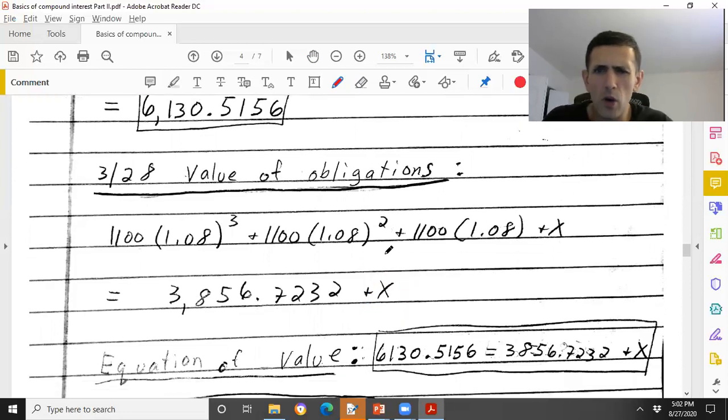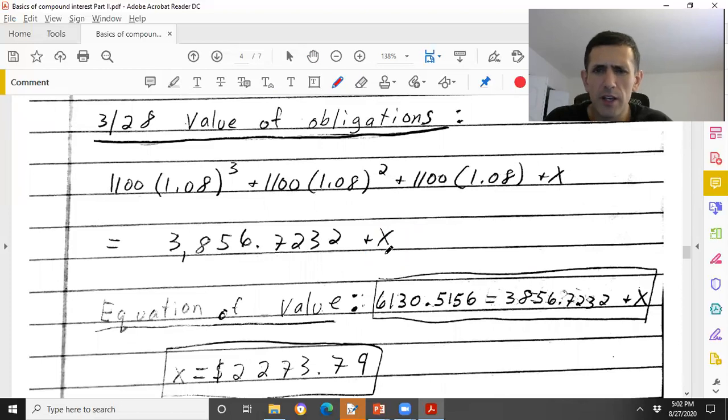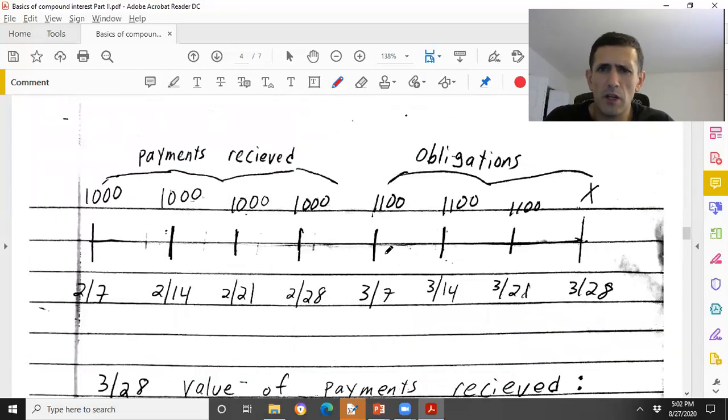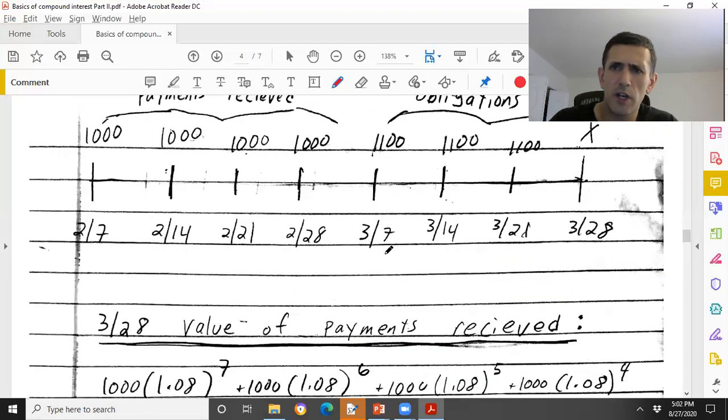All right, so you solve for X, and you get possibly a very surprisingly high number, $2,273.79.